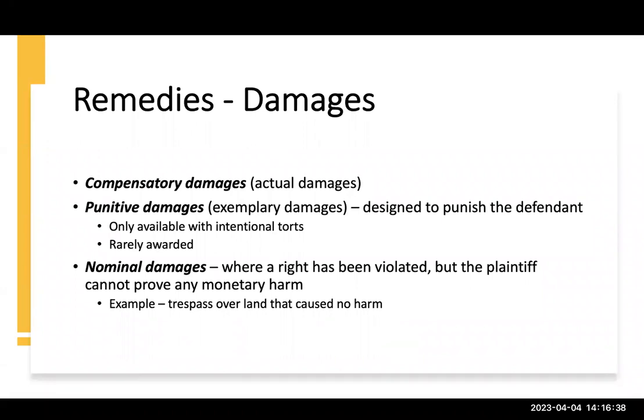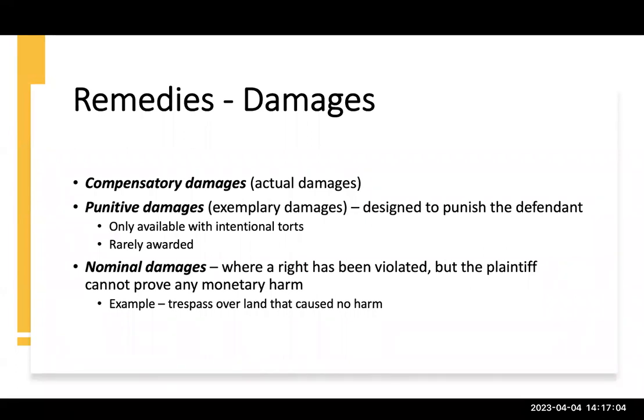The pain and suffering damages are difficult to quantify, and in most cases are one of the main elements of a claim for personal injuries. And attorneys can get very creative in arguing for those pain and suffering damages. But again, all of these are elements of compensatory damages.